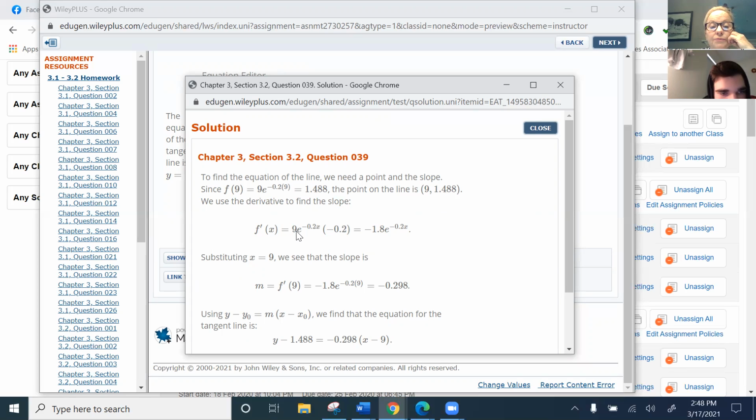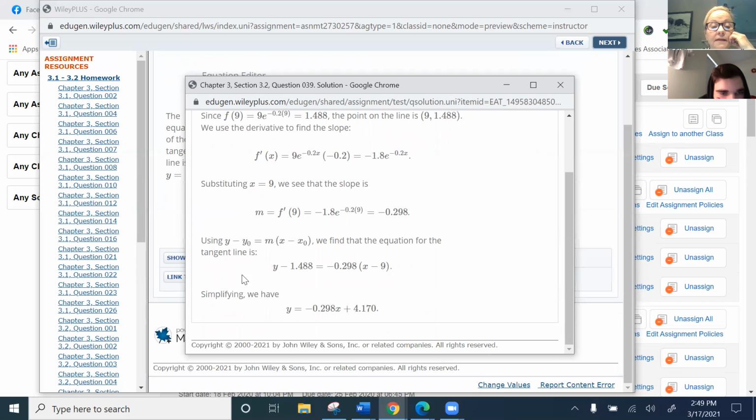Do that using the chain rule, right? Right. And then we put 9 into the derivative, and what we end up getting out is the slope. So we do this to find the point, and we find the derivative, and then the derivative at the number they're giving us to find the slope. Then we can just use this equation and just plug everything in and then solve for y.